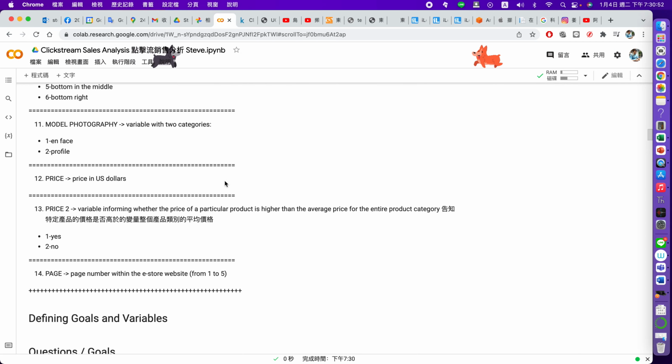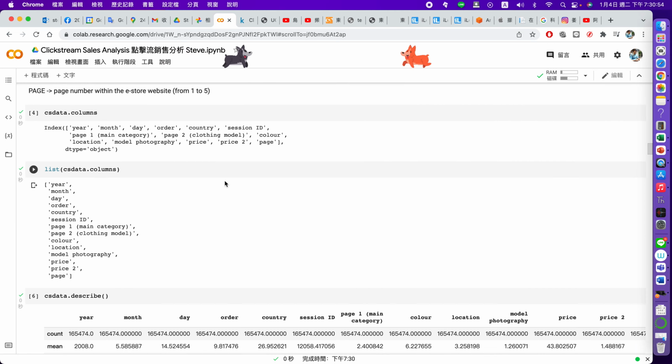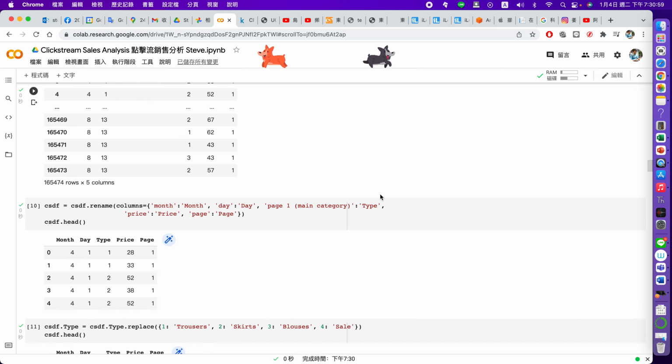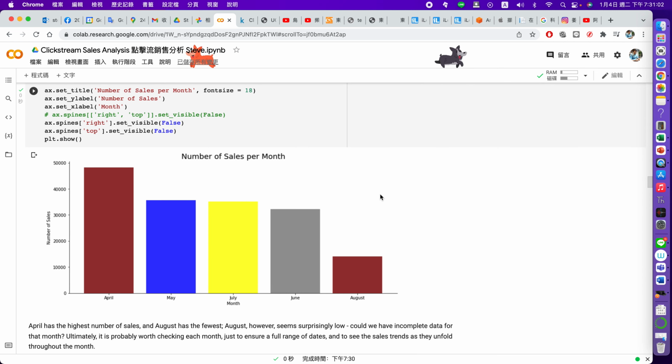Last time we talked about the distribution for the number of sales per month. Especially you will find there is not a whole month of sales for August. So August does not have complete sales. So we just count the first 4 months from April to July.